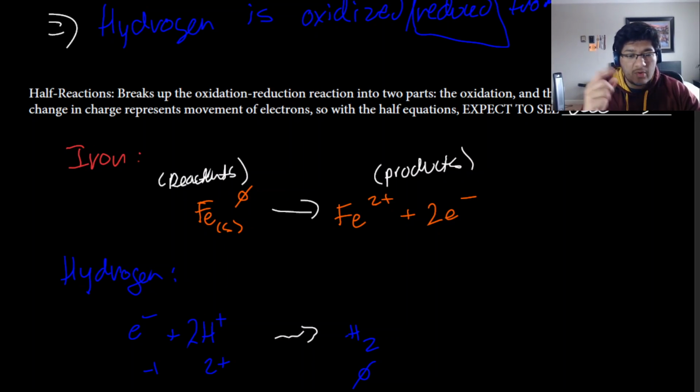We still need to go down 1, and that's where, like I had mentioned a couple of minutes ago, you need to add on another electron. And there we go. We have made our oxidation reaction, so our oxidation half reaction and our reduction half reaction.